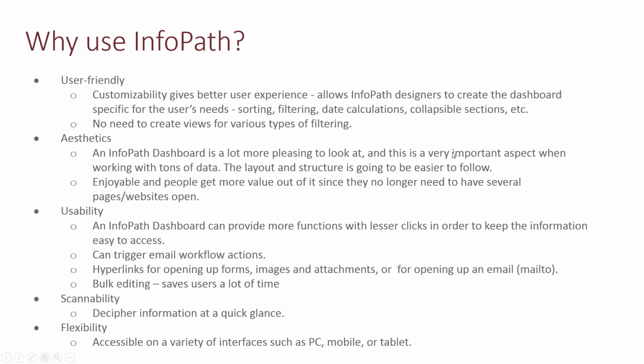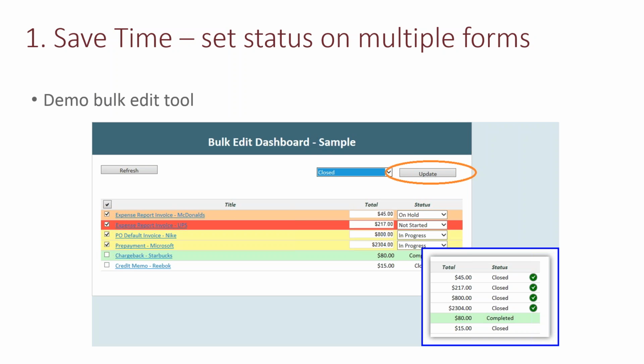Now, for the first demo that I'll be showing you today, this is the edit tool. As you can see here, we have this update button that triggers the form to update a number of rows here, and each of the rows will be submitted to the library as an XML using the submit to SharePoint command.